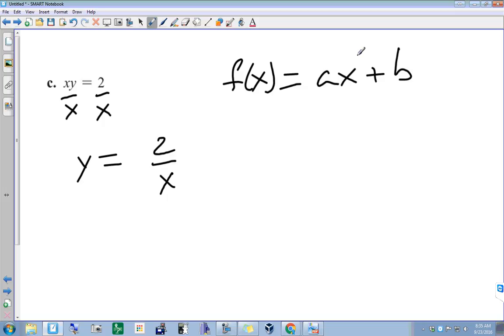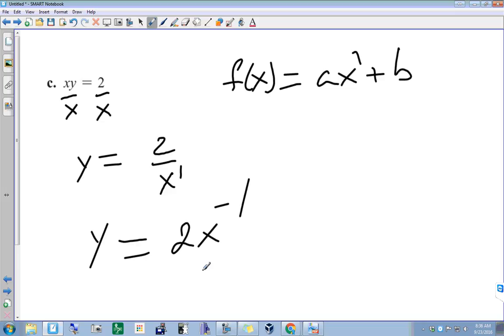What is the exponent on this x up here? If that's 1 up there, this down here, well, that's 1 down here. Problem is, if I try and make it look like that, I really get y is equal to 2x to the negative 1. So we don't get the same thing, right?